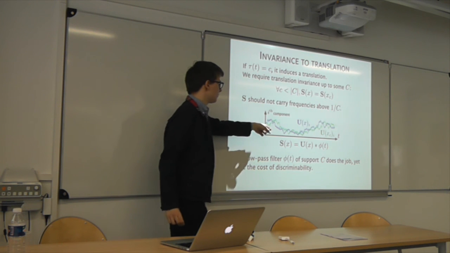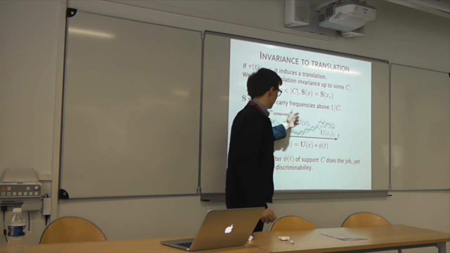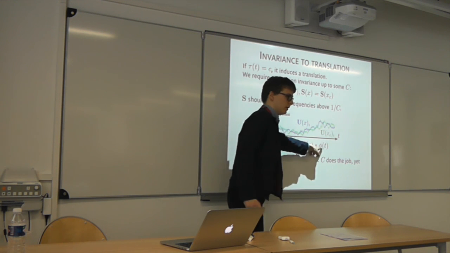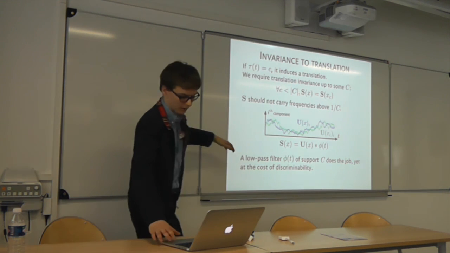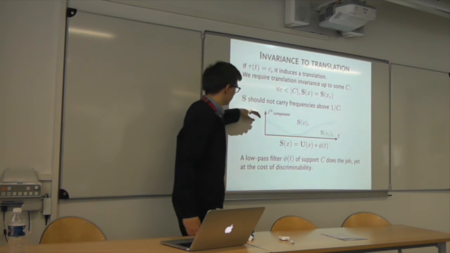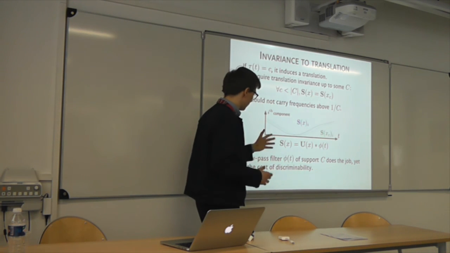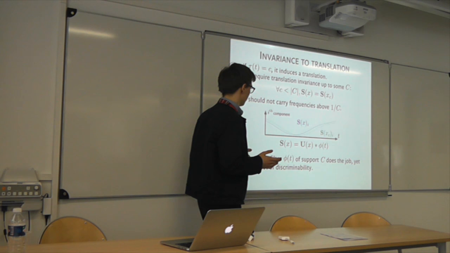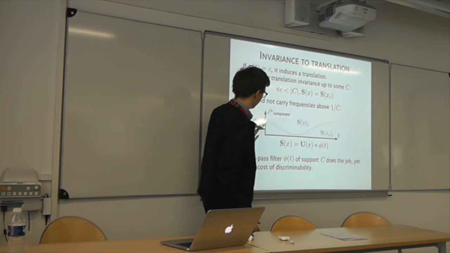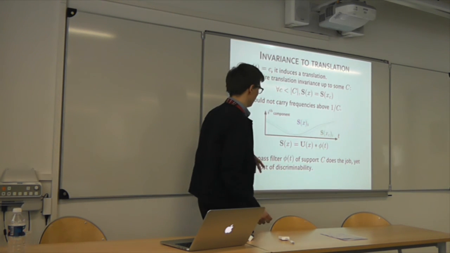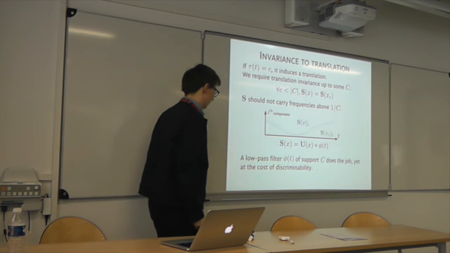So if you have an irregular description, U of x, well, that's fine, but you will always have to low-pass filter it in order to keep only the regular part, like so. You keep only the low frequency part of U, and the difference between the blue line and the green line, which are translated one to the other, is now small.